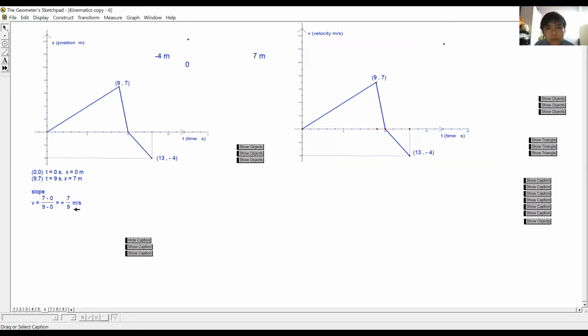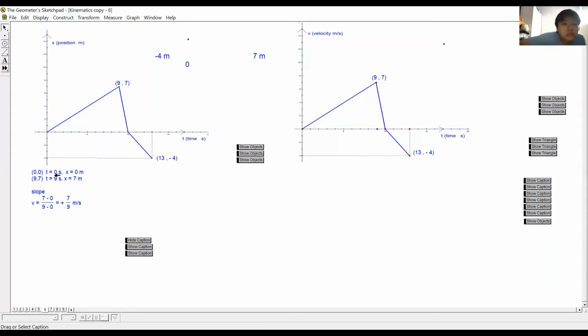How do I know it's meter per second? The 7 is given by the y-axis in meters, and the 9 is in seconds.